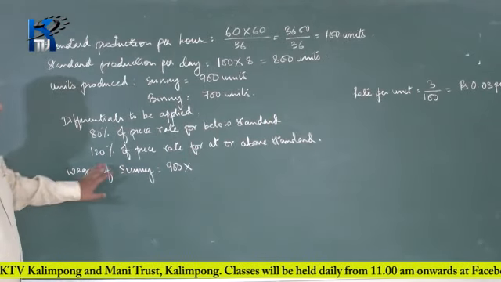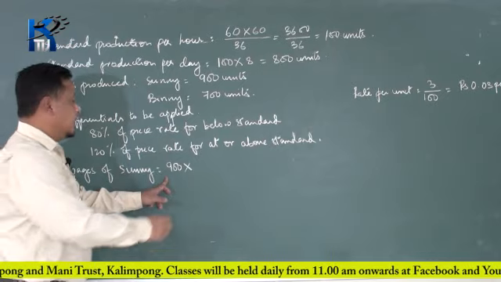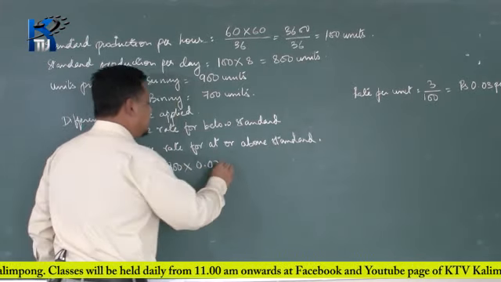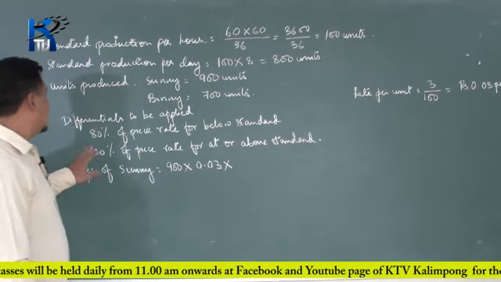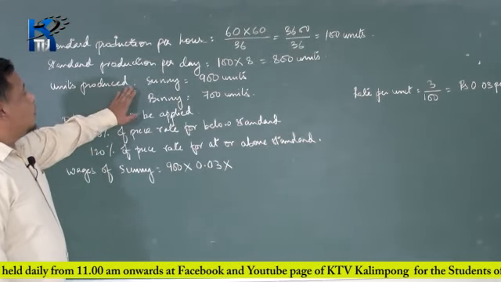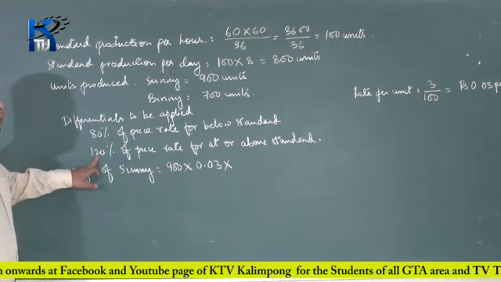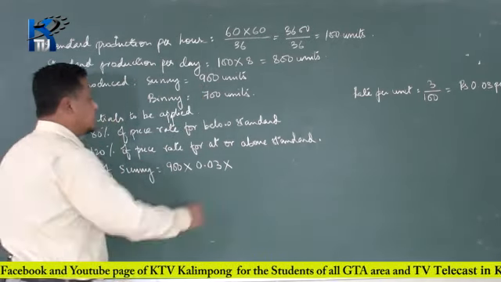So wages of Sunny equals 900 units into rate per unit equals 0.03. Since Sunny has produced more than the standard production, he will be provided with 120% of normal piece rate.